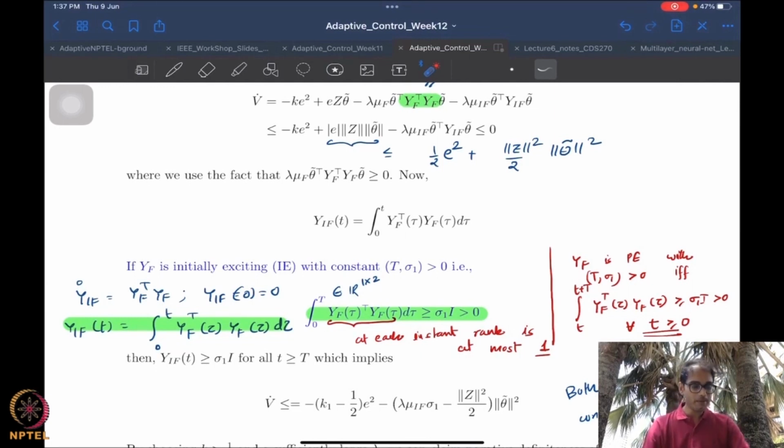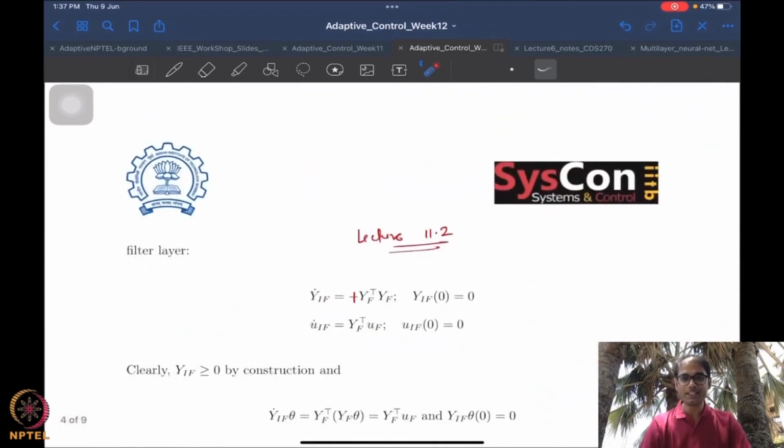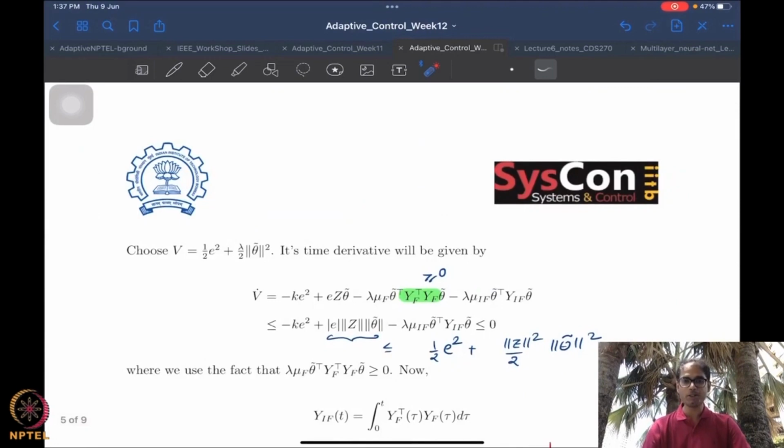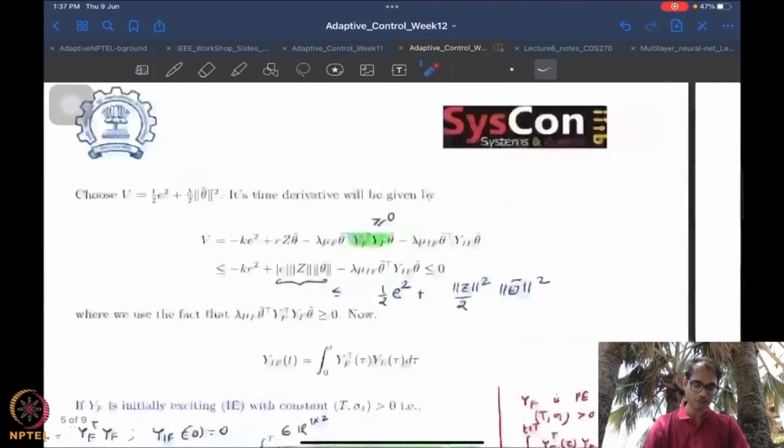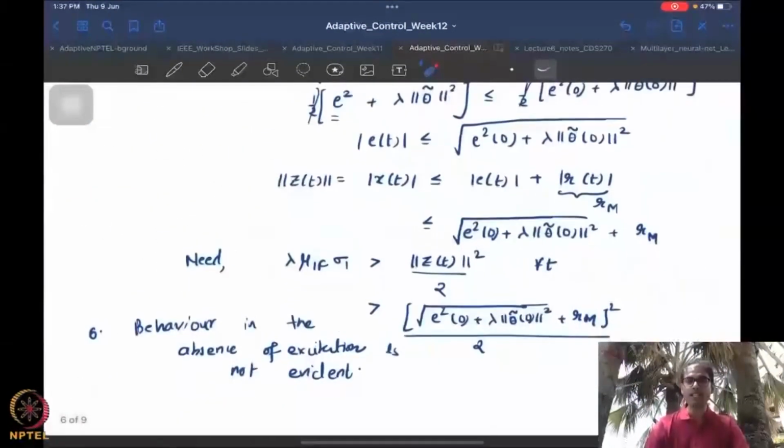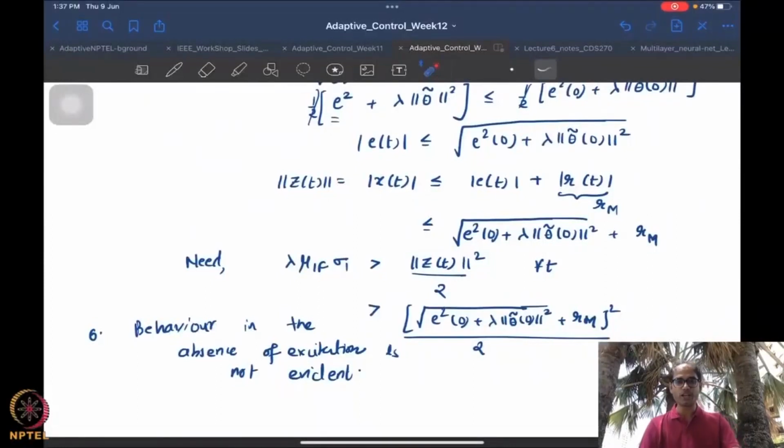It may be possible for large values of k and lambda, but it's not very clear. So ideally, it would make sense to combine the usual certainty equivalence, PE adaptive law, and this law, and that would be my recommendation. But of course, I have not done that analysis or shown it here. I leave it to you folks to try it out.